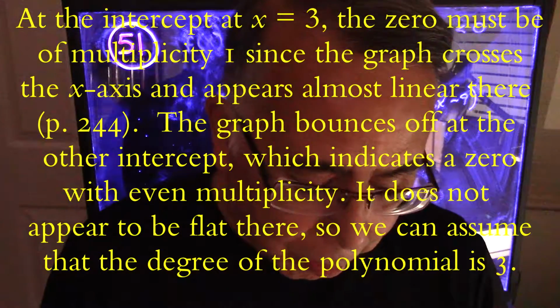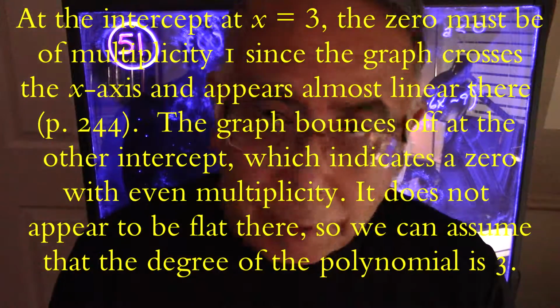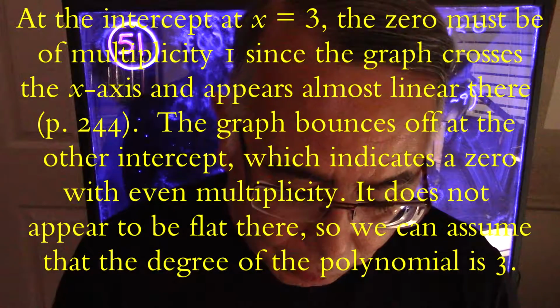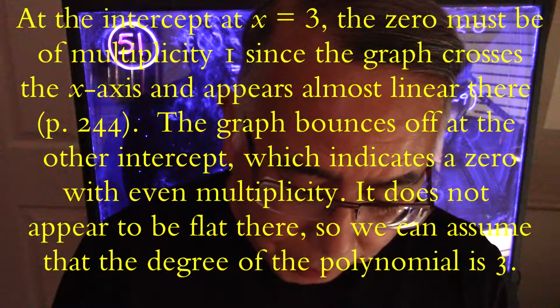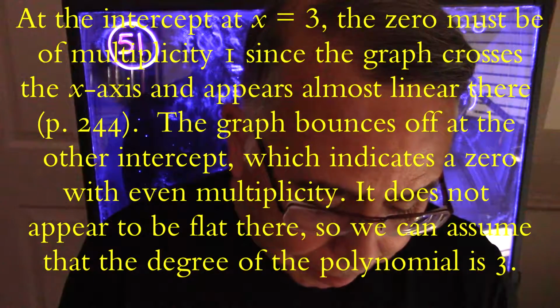So again, that information comes from page 247 in your text. It has two x-intercepts though, so one of them must be of multiplicity 2 and the other one has to have multiplicity 1, and page 244 is where you get that information.